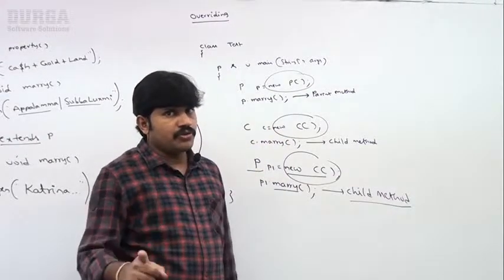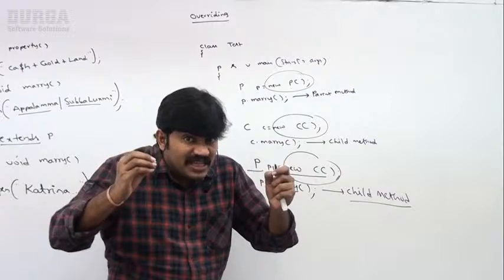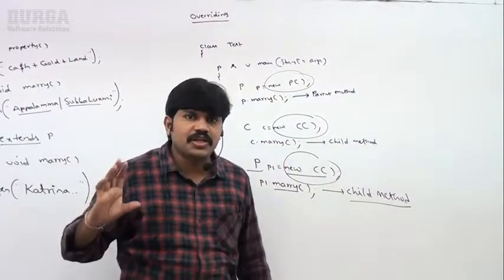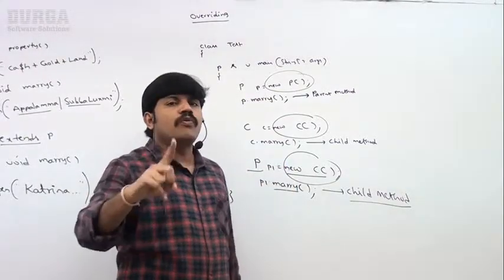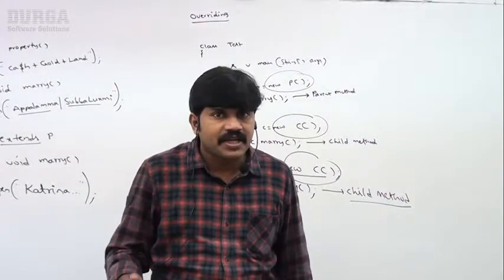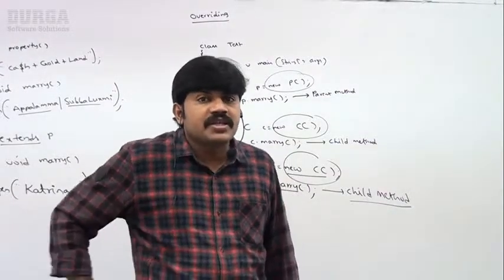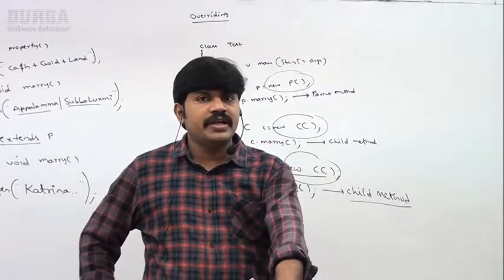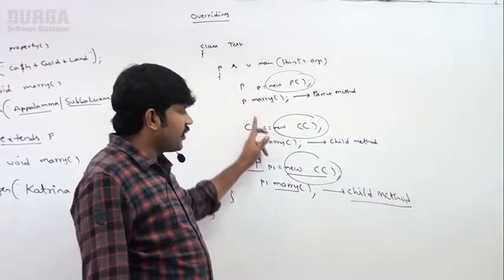So please make sure you people are aware, and inject this point very strongly in your mind. In overriding, method resolution is always taken care of by the JVM based on the runtime object, not based on the reference type.